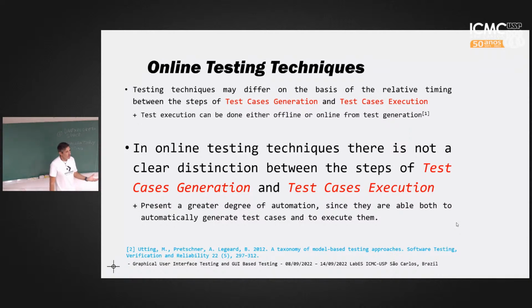Now we need the model of the application to apply model-based testing, right? And how do we build the models? Probably the models are built manually. There are experts in modeling who know UML, and starting from the requirements, they model the specification.